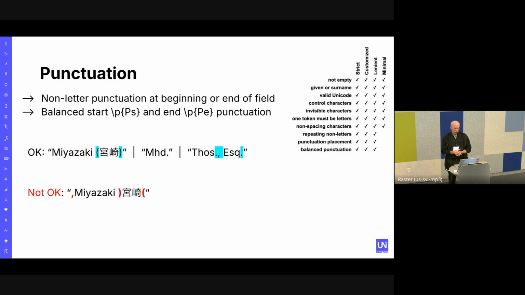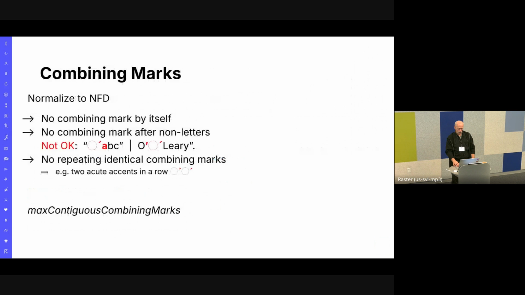Punctuation at the beginning of a string is not correct for most languages. Don't start a string with a comma. You don't have unbalanced parentheses with your backward parentheses and so on. So simple checks in that regard.